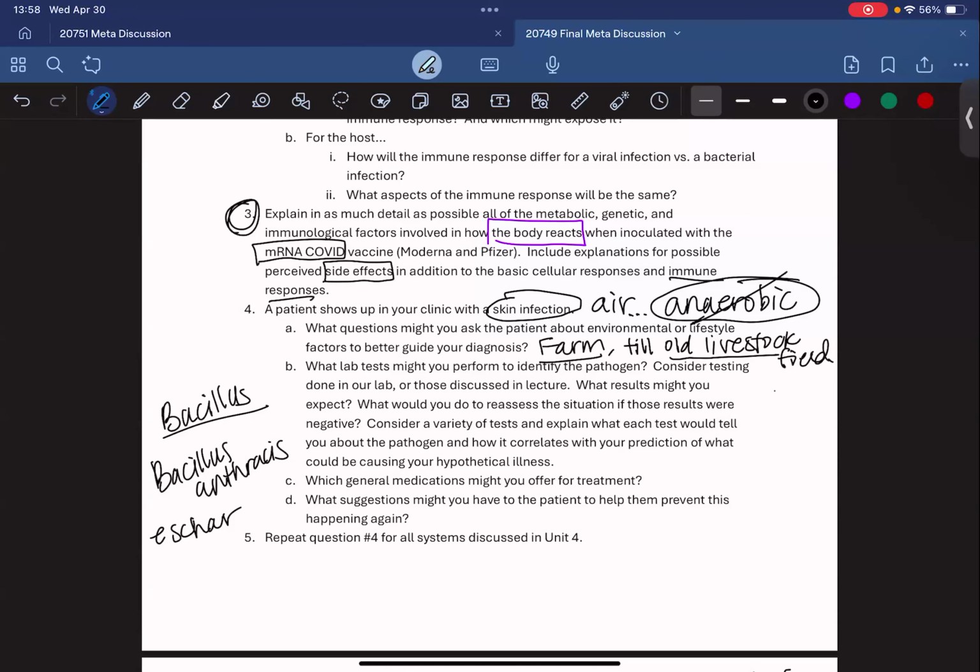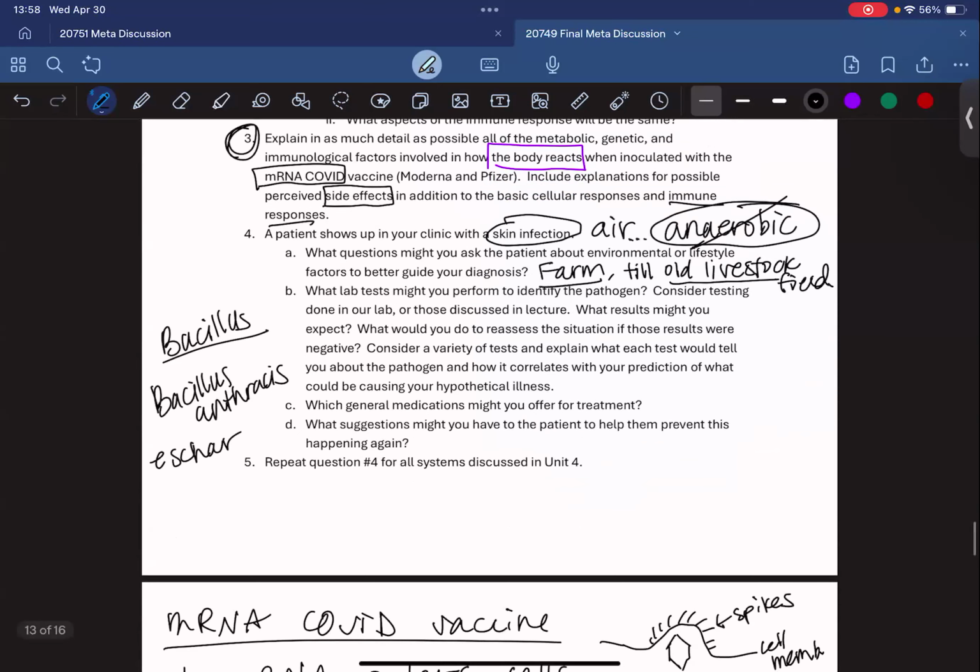Maybe one thing that I could do to diagnose it would be to perform a PCR test. In that case, I would need primers for genes that are specific to B. anthracis.